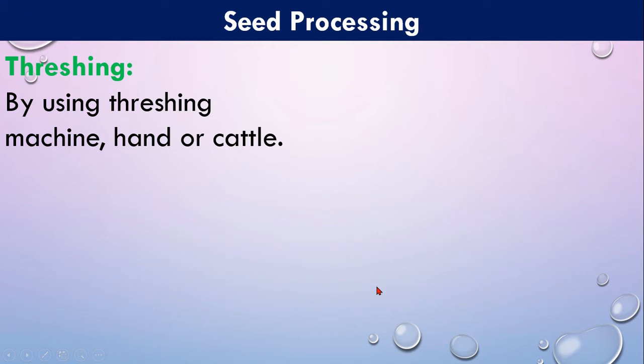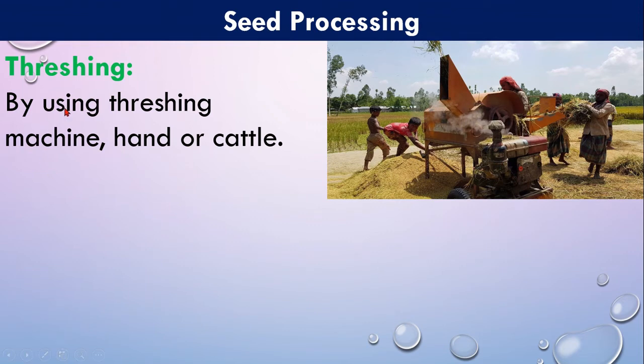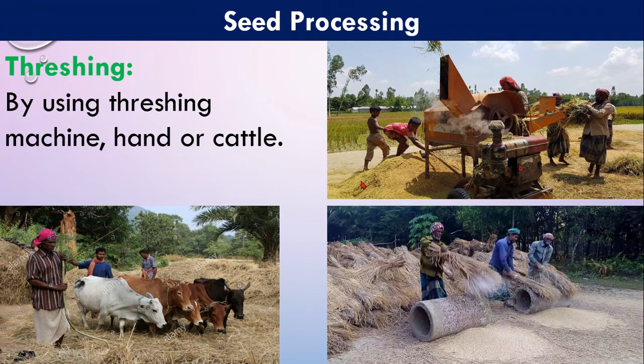Seed processing. Seed processing includes some steps, and the first one is threshing. After seed collecting, you have to thresh the seeds. If you have a look, I show some of the methods with pictures. This one is the modern method of seed processing, that means seed threshing after collecting.